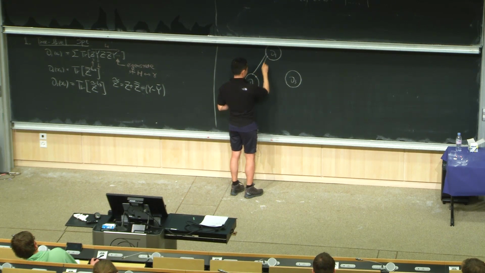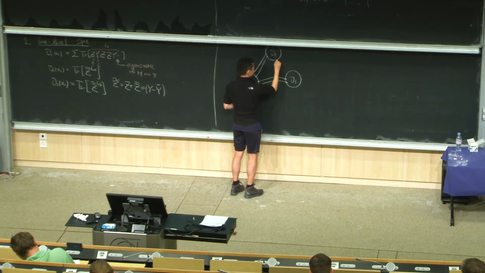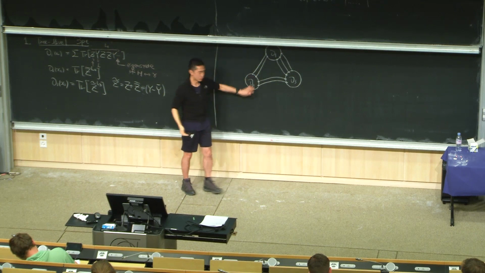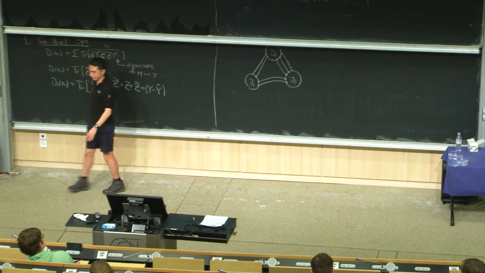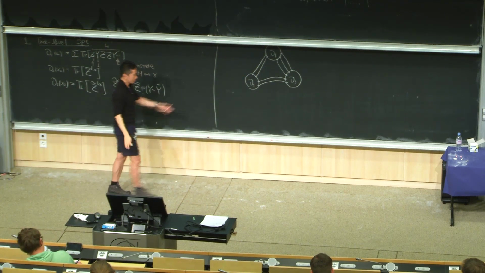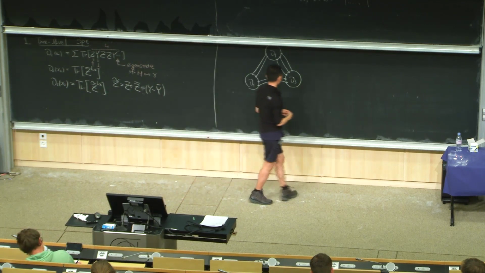So you are only allowed to Wick contract, for example, in this way. Again, I'm using a pictorial notation where the trace is represented by the circle, and each dot corresponds to each field. So this is the kind of Wick contraction that we need to do.